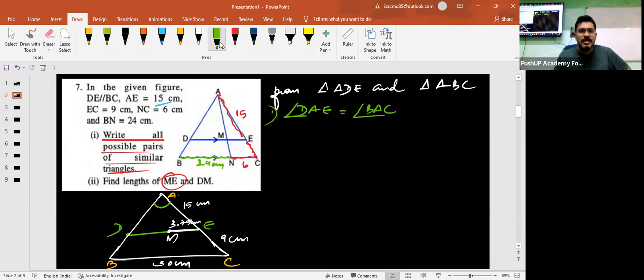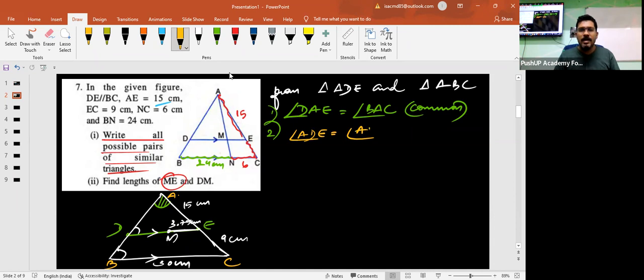So it's angle DAE is equal to angle BAC. And what is the reason? They both are common angles. Very good. Then point number 2. That is corresponding angles, because you know these two lines are what? Parallel to each other. You can very easily mention angle ADE is equal to angle ABC.